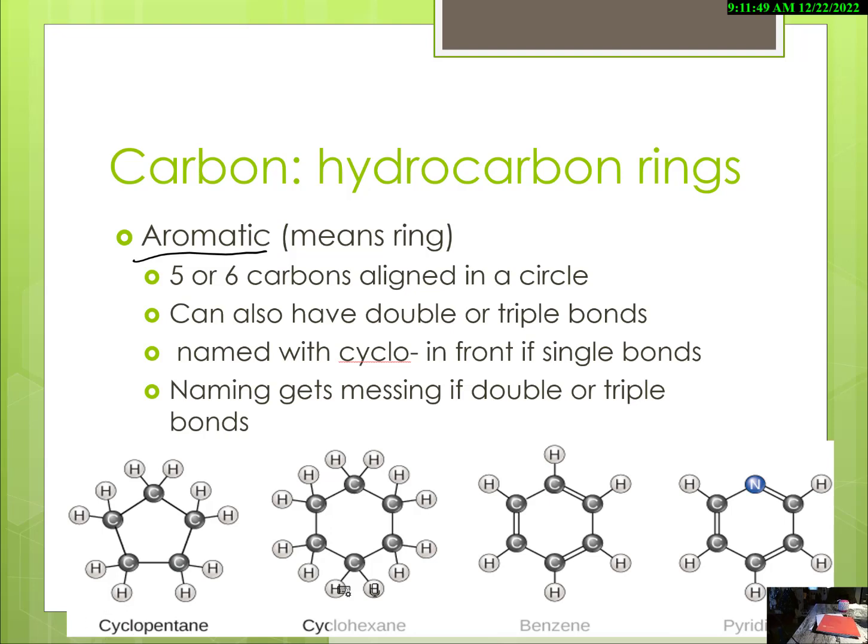So this very first molecule here would be cyclopentane. We've got 1, 2, 3, 4, 5 carbons present in a circle. There are no double bonds. So it would be cyclo for circle, pent for 5, and ane for all single bonds.